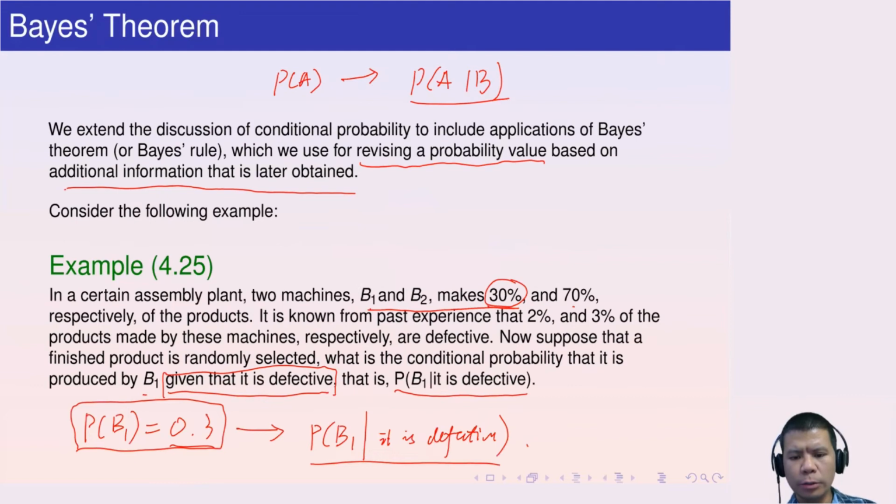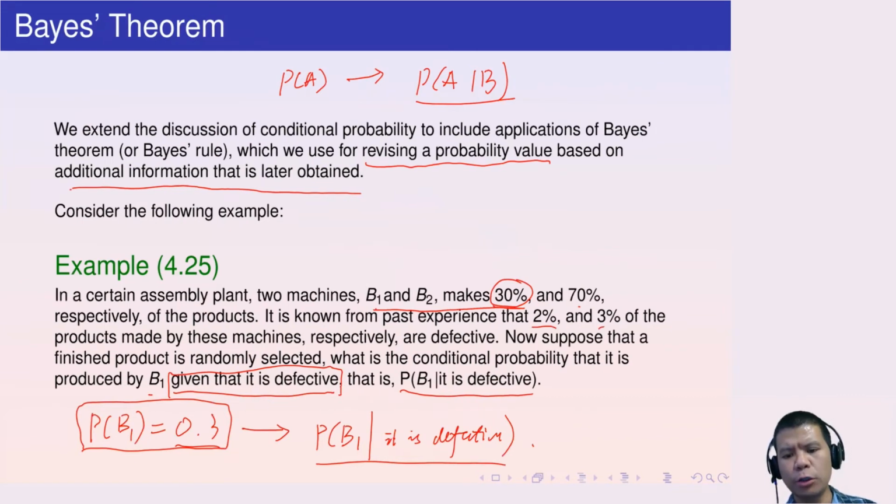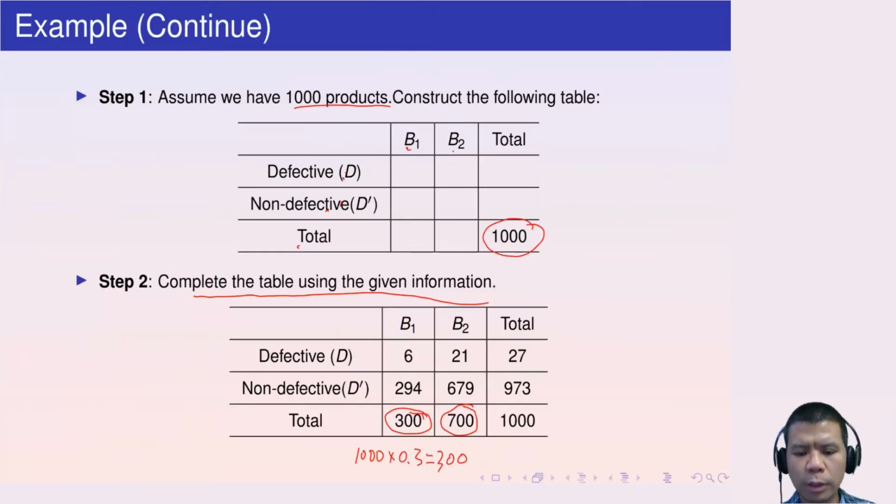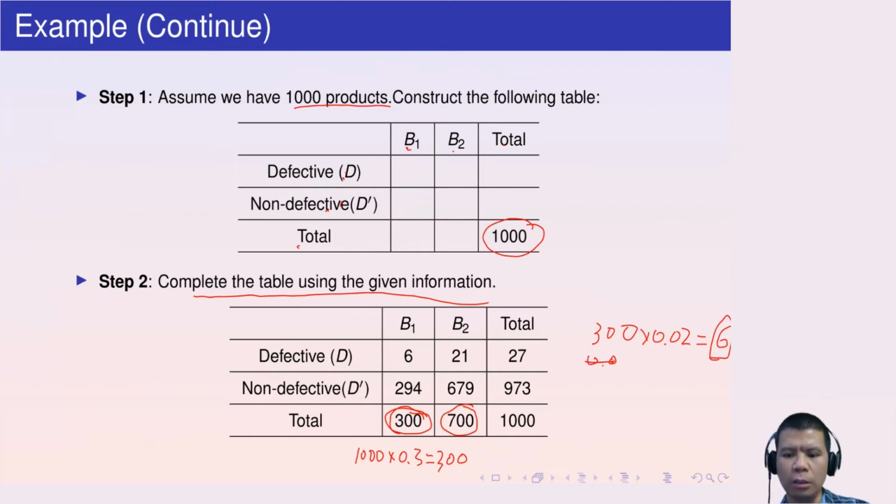We are also given the information that 2% and 3% of the products made by these machines are defective. So 2% of the products made by B1 are defective, a defective rate of 0.02.